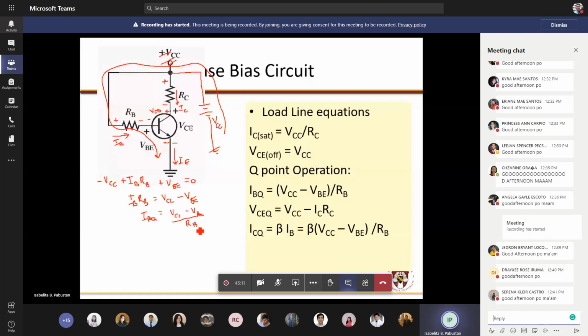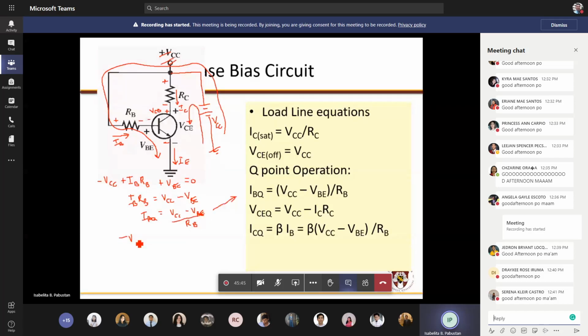Kailangan bang i-memorize ito? Hindi na. Basta marunong kayo ng circuit analysis, you will not have a problem. So, we are done with that. And then, on this loop, sa output, let's now write our loop equation. You will have here a negative VCC.